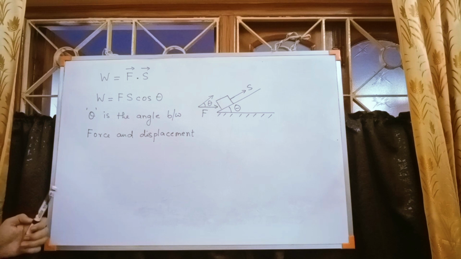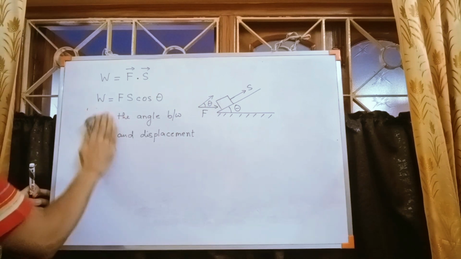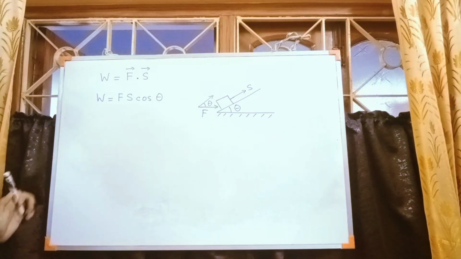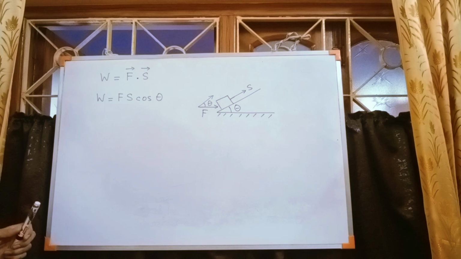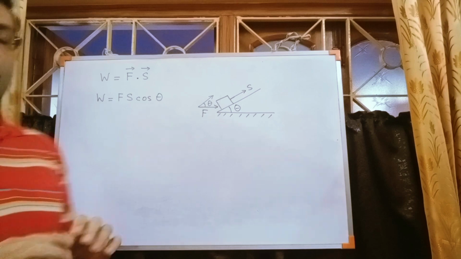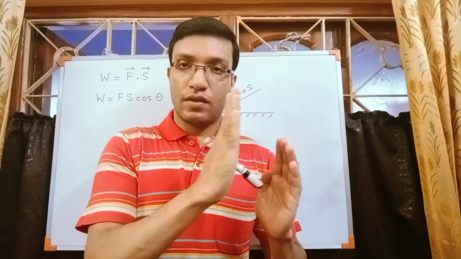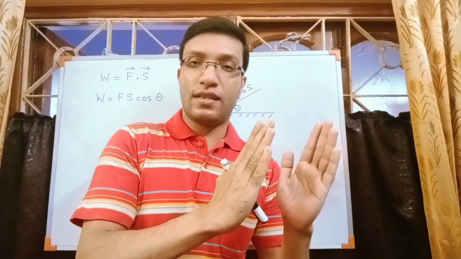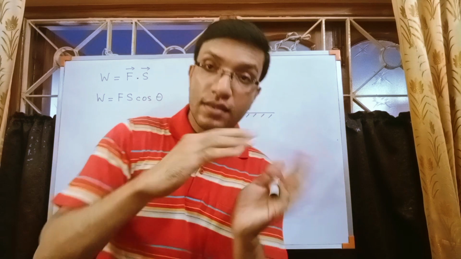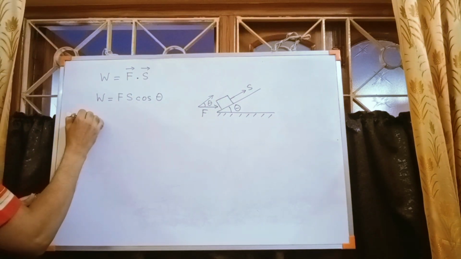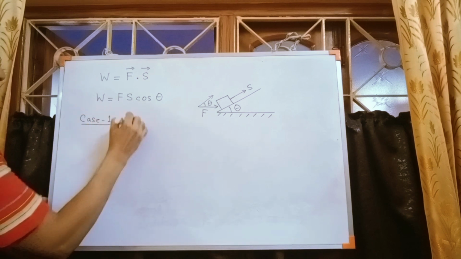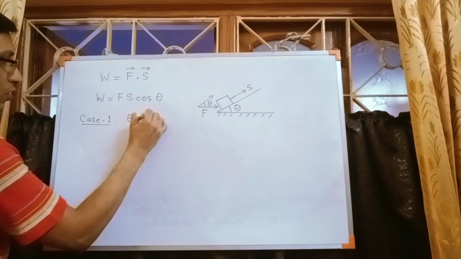Now there are several conditions for positive work done, negative work done and zero work done. Now let us first take the case of positive work done. Suppose we are applying force on a body in this direction and the body is getting displaced also in this direction. That means the angle between force and displacement is 0 degree. So case 1, theta is equal to 0 degree.